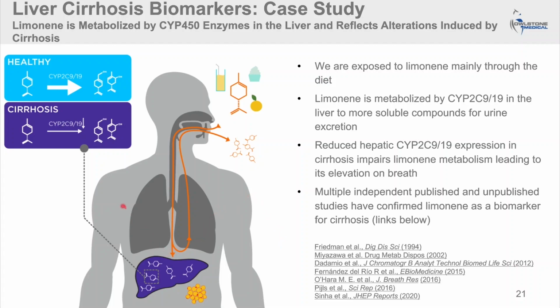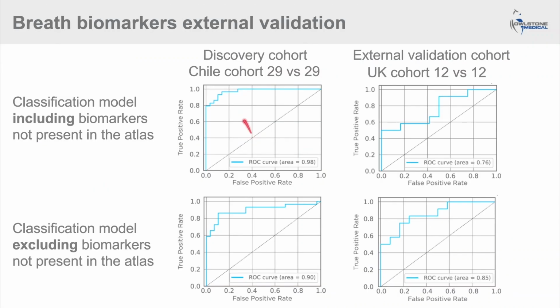The proposed mechanism for increased limonene is that it is metabolized in the liver by the CYP enzymes, and so the activity of these enzymes is reduced, and therefore the amount of limonene in breath increases in subjects with cirrhosis.